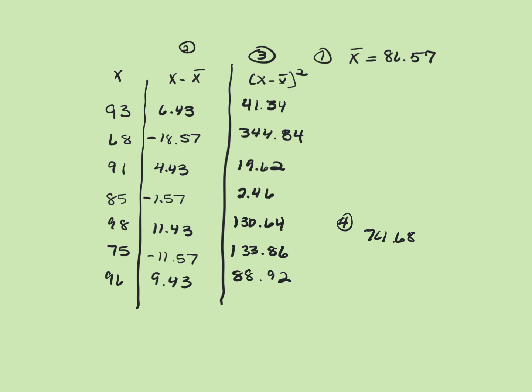So we're going to add up column 3, and remember in step 4, we're going to be calculating what we call the variance, and the variance is going to be the average, but it's going to be the sum divided by n minus 1, one less than the number of values that we have.